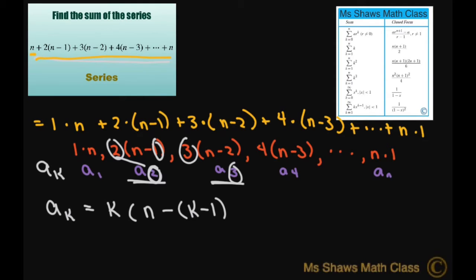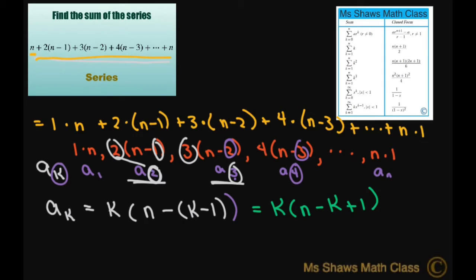Because 3 minus 1 is 2, 4 minus 1 is 3. So this is what our a sub k is. Now I can rewrite this as k times n minus k plus 1.